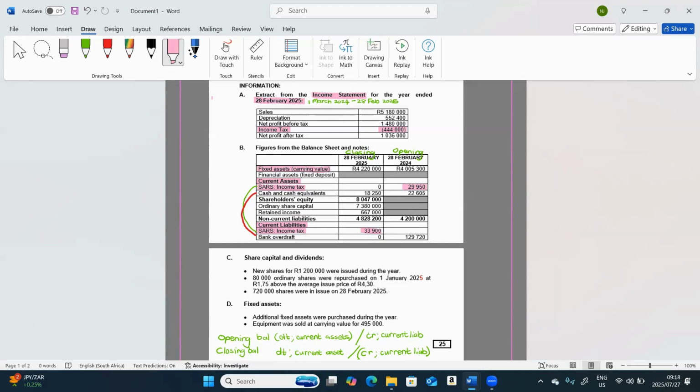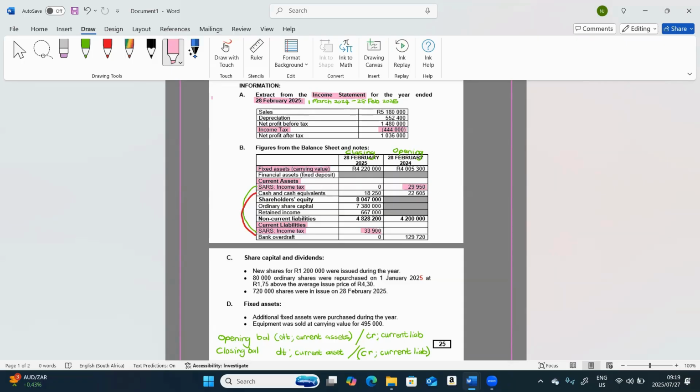They could either say fixed assets and then in brackets carrying value, or they can give you fixed assets at cost, and then there will be another line which will have accumulated depreciation under that, and then you have to subtract these two from one another. But over here, the fixed assets is at carrying value, which means they already subtracted the accumulated depreciation from the cost. That's what carrying value means.